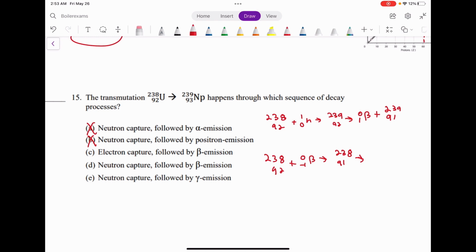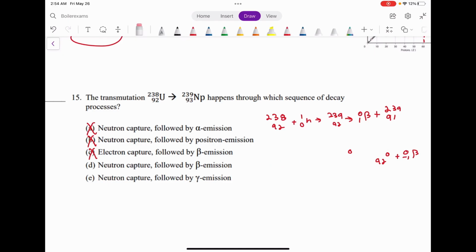So you're capturing an electron and then emitting it right away, so you get the same final answer. Interesting. So then this does not correspond to that once again. So it's not C.